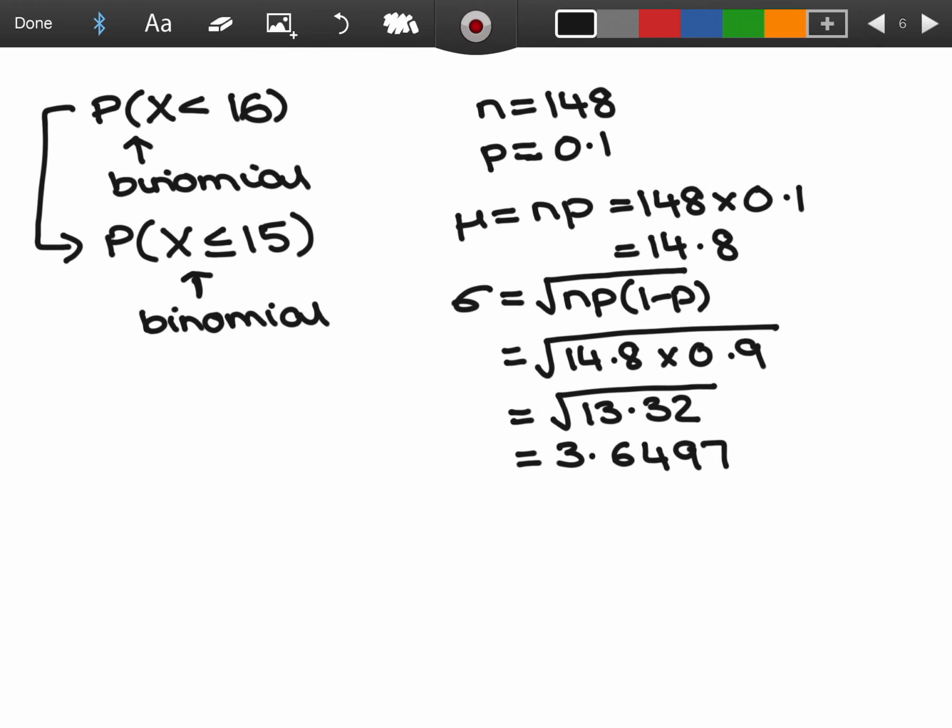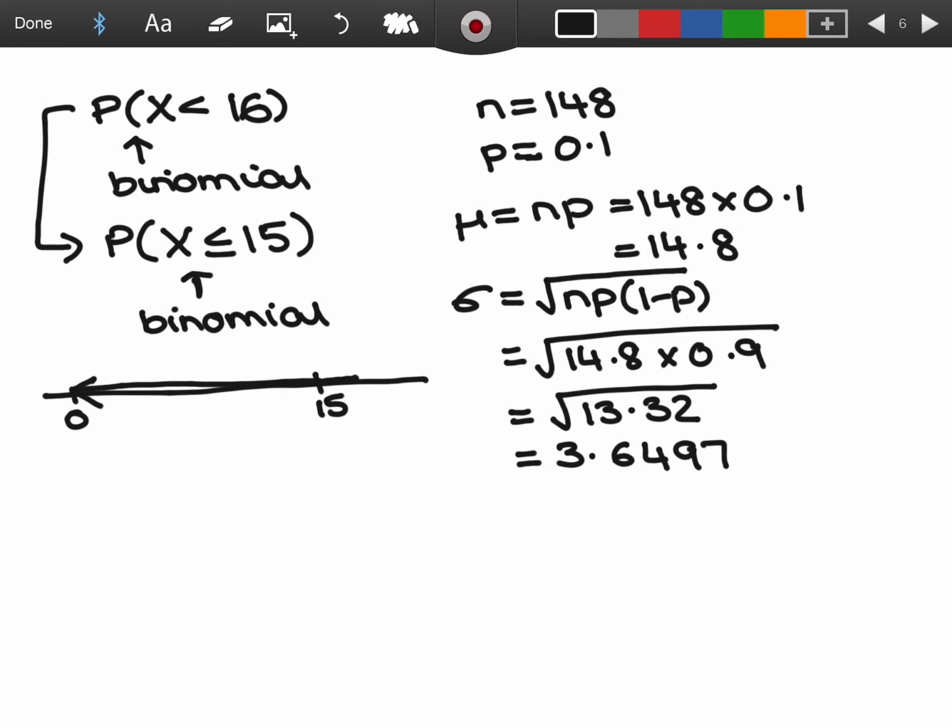Now I need to do continuity correction to get this into the normal distribution. Again, draw yourself a number line. This is less than or equal to 15. We need to make the set larger, we need to make that line longer.